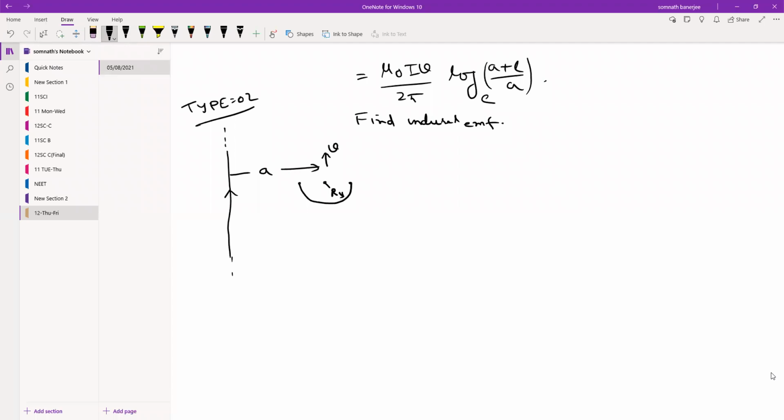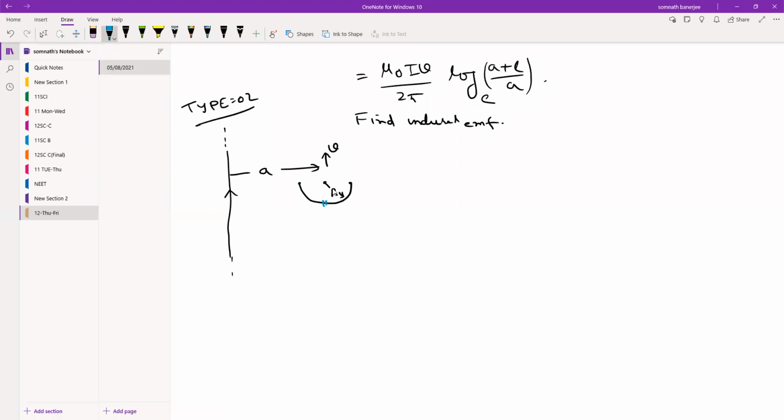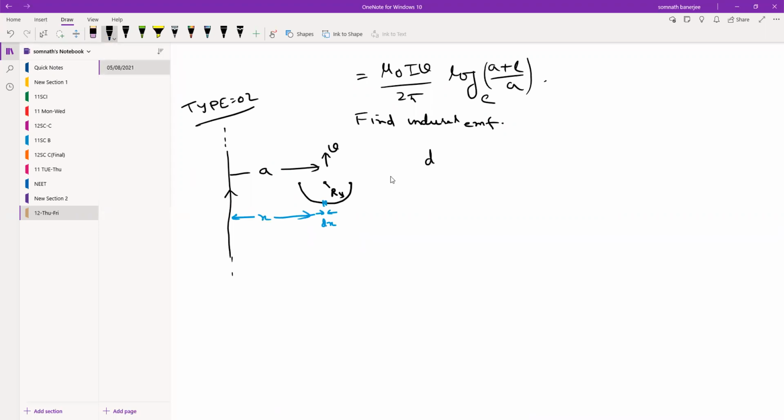So in this question, again, the same way, first we can take a small elementary length dx, which is at a distance x from the wire. So my induced EMF is B dx V. Now B is mu naught I by 2 pi x, so we can write mu naught I by 2 pi V dx by x.